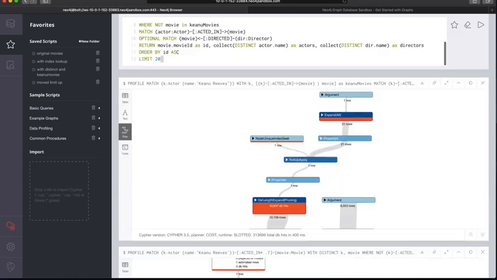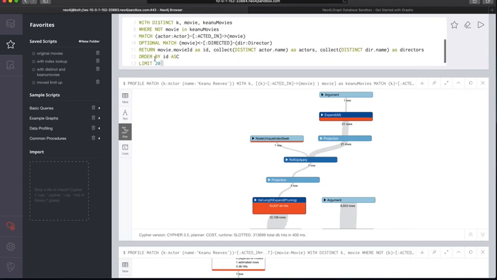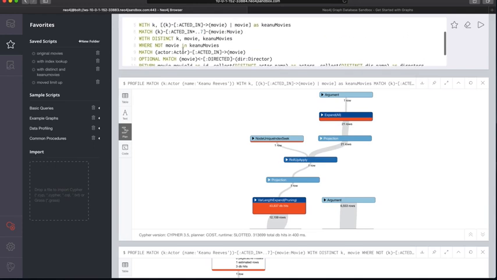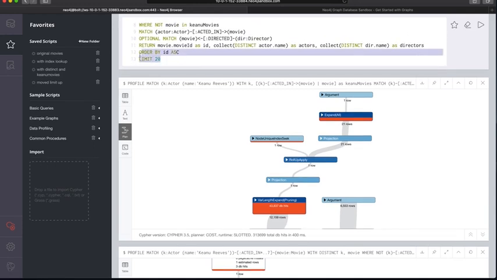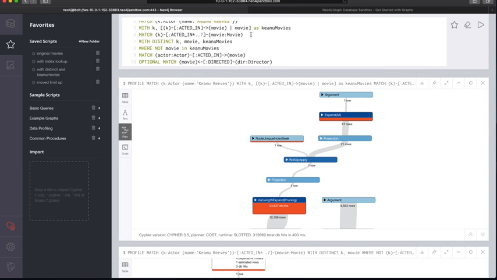400 milliseconds. Okay. We've got this limit here. We're ordering by ID. We're aggregating on this unique property. This is something that can be moved up. Once we expand out to movies, we make sure that that movie is one that Keanu has not acted in.